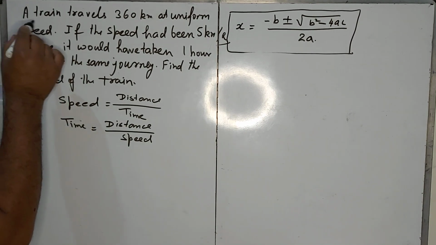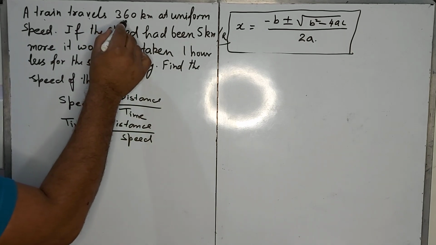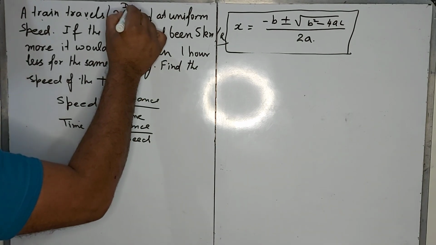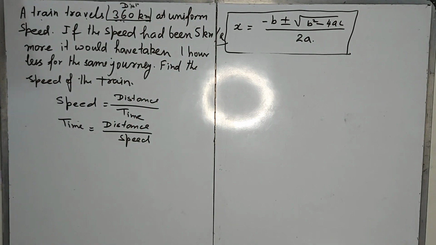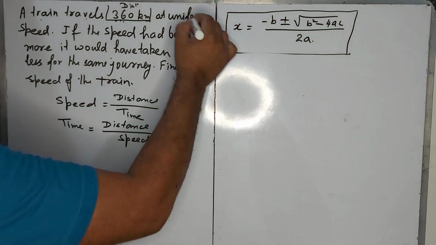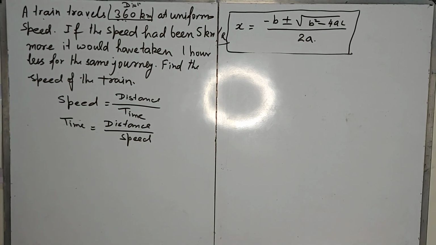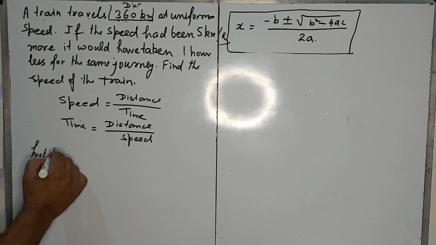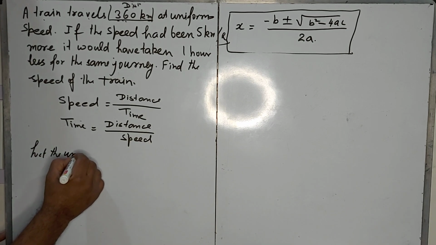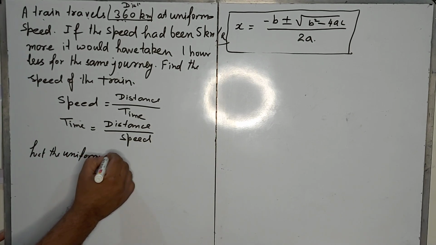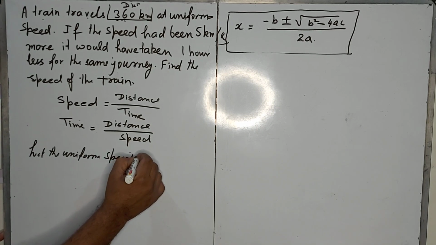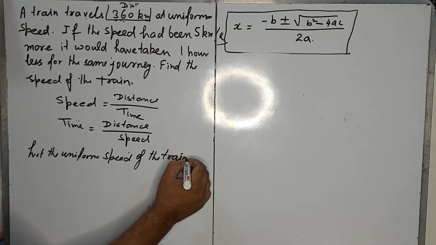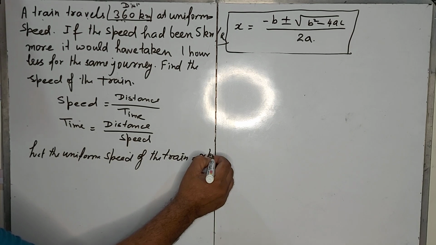In the first statement, the train travels 360 kilometer, that means distance is 360 kilometer, at a uniform speed. The speed of the train you don't know, so let the uniform speed of the train equal x kilometer per hour.